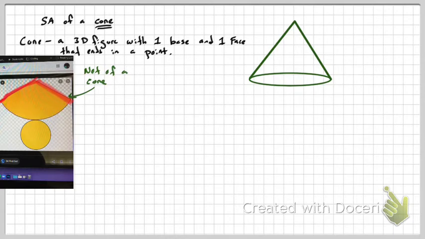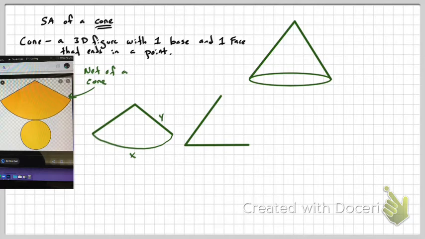But luckily, we don't have to use anything regarding arc measure or anything like that, because this sector, with arc length x and radius y, has the same area as a triangle with base x and height y.